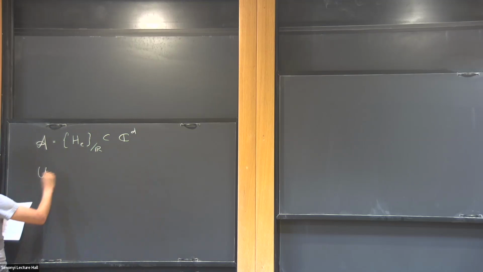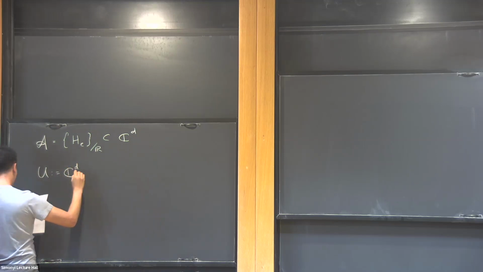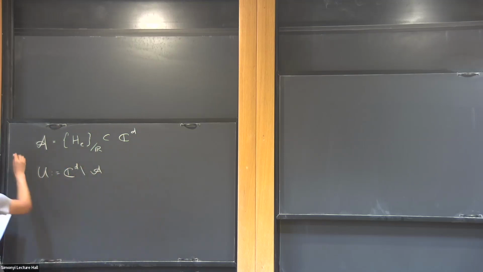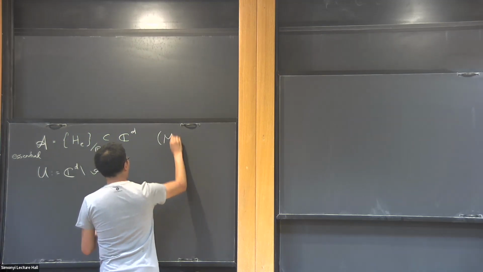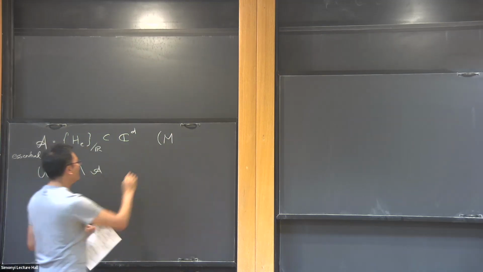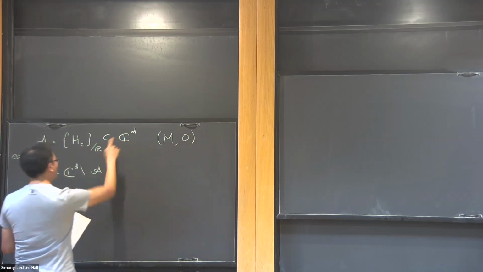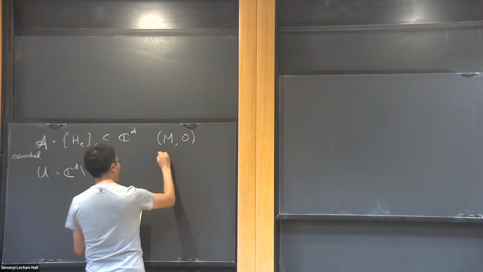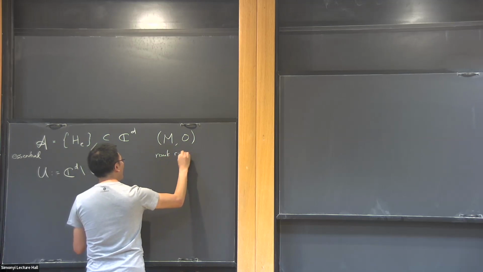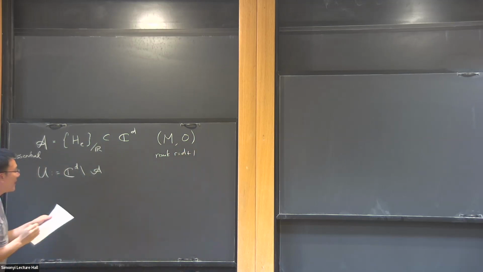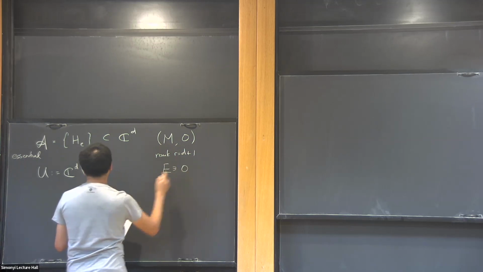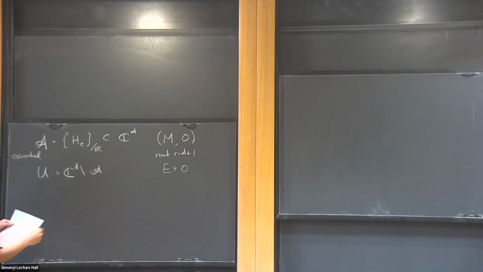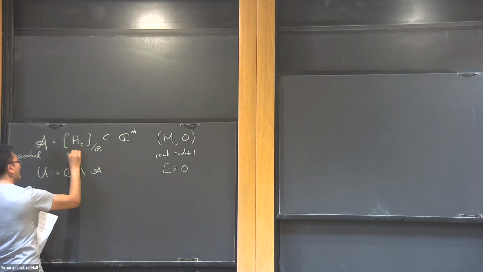And I will denote the hyperplane arrangement complement. I'll always assume it's essential. I'll have a matroid M that corresponds to it. So if this is a rank D arrangement, this will have rank 1 bigger, and the ground set of the matroid I'll denote by E, and it contains 0, which is the hyperplane at infinity.